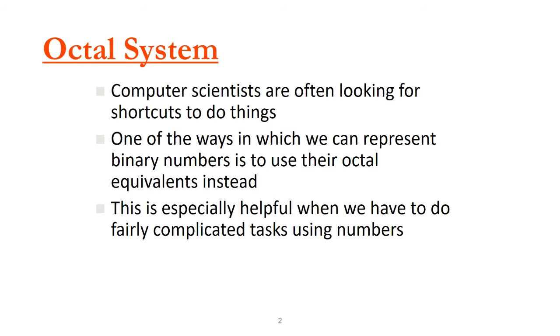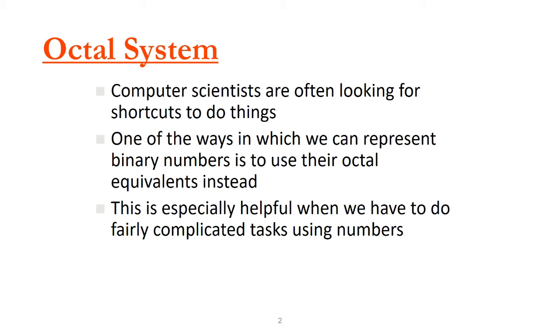Anyway, so the octal number system, as you can see: computer scientists are often looking for shortcuts to do things. One of the ways in which we can represent binary numbers is to use their octal equivalents instead.